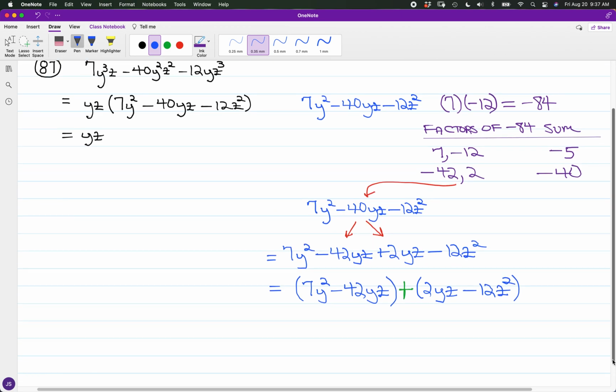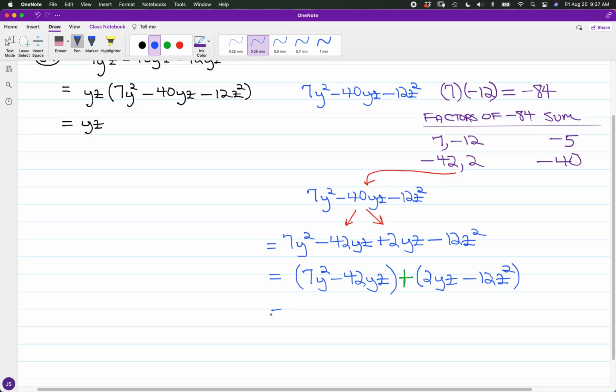Looking at drawing out the greatest common factors, with the first pair, the highest term that will go into these will be 7y, and taking that out of 7y squared minus 42yz, we're going to have y minus 6z, followed by the addition.